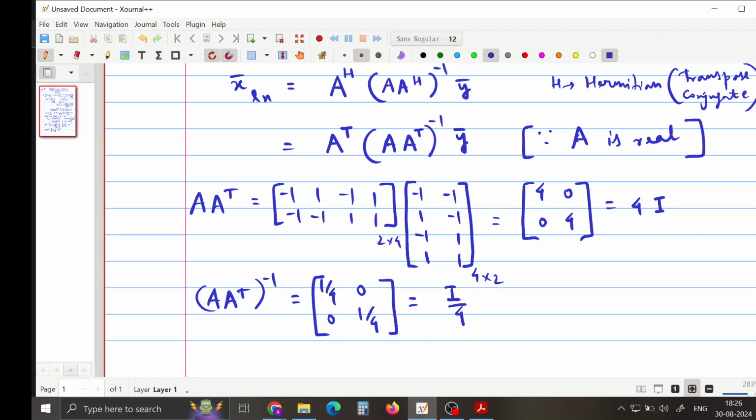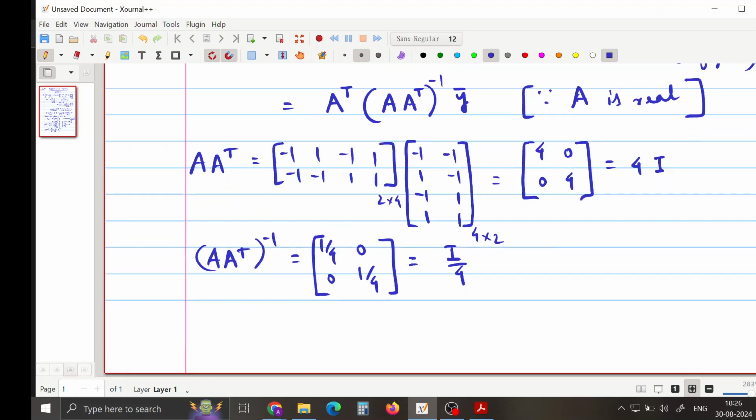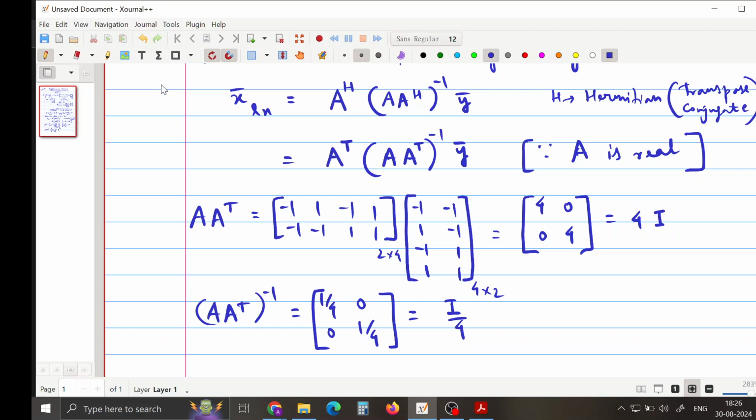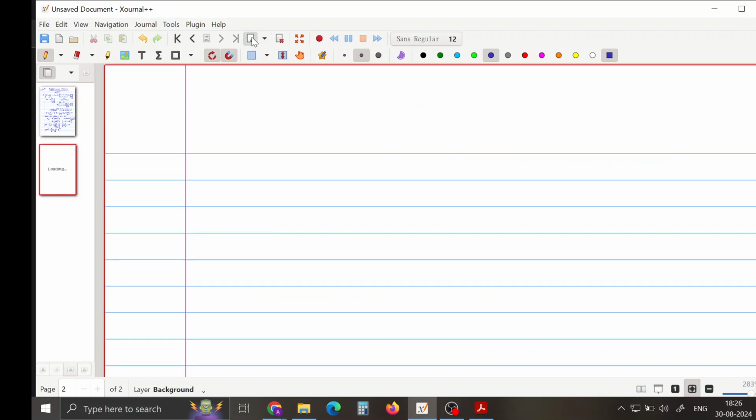Now let me go to the next page. Once again I'm writing the expression for the least norm solution. So A transpose times this whole inverse we just calculated.